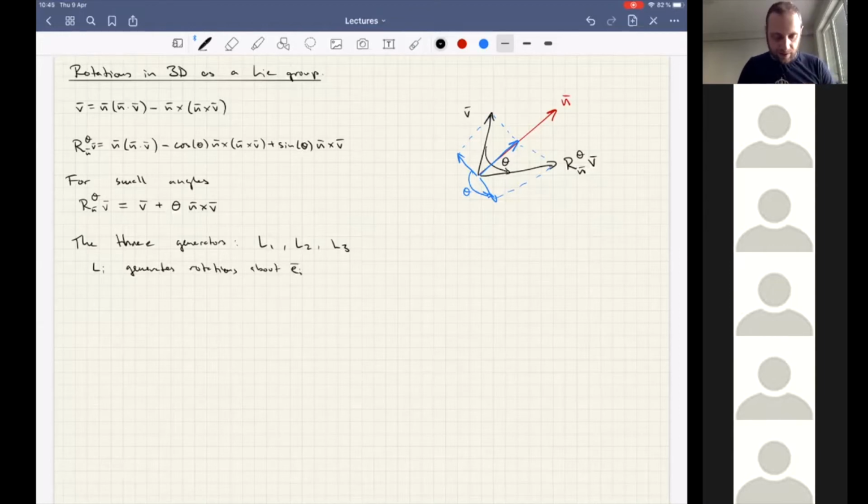This means that e to the theta L1, acting on v, is going to be given by v plus theta e1 cross v plus higher order terms in theta. I'm also going to write this as R_1(theta) acting on v, just as a shorthand.